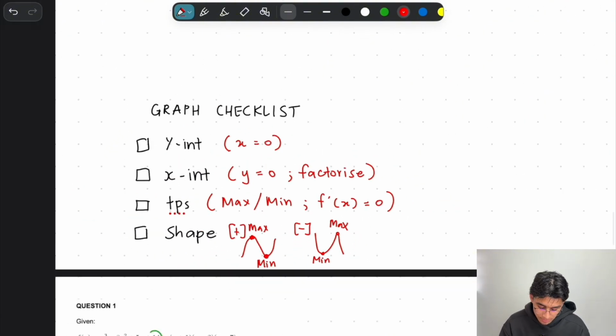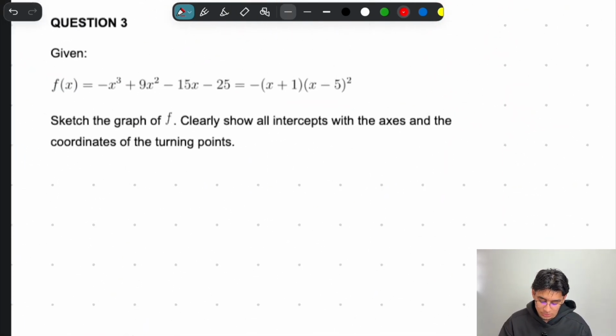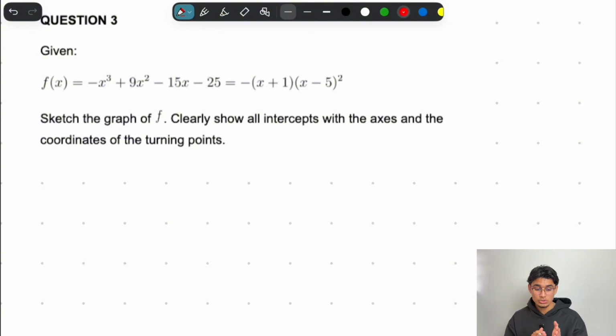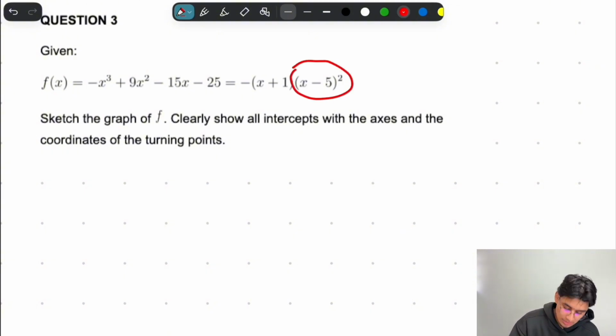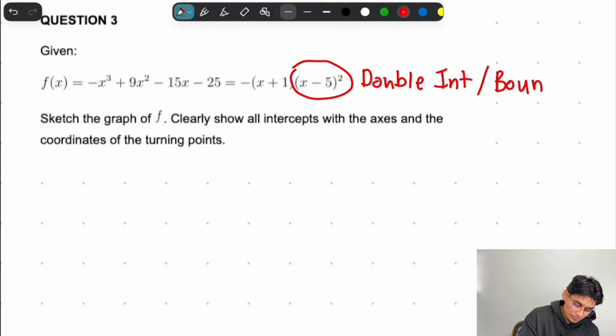So the next one, I guess it's a bit trickier, but not really, but we can go over it. For this one over here, you'll notice something very important: the square bracket. A square bracket creates what I call a double intercept, which is also called a bounce.